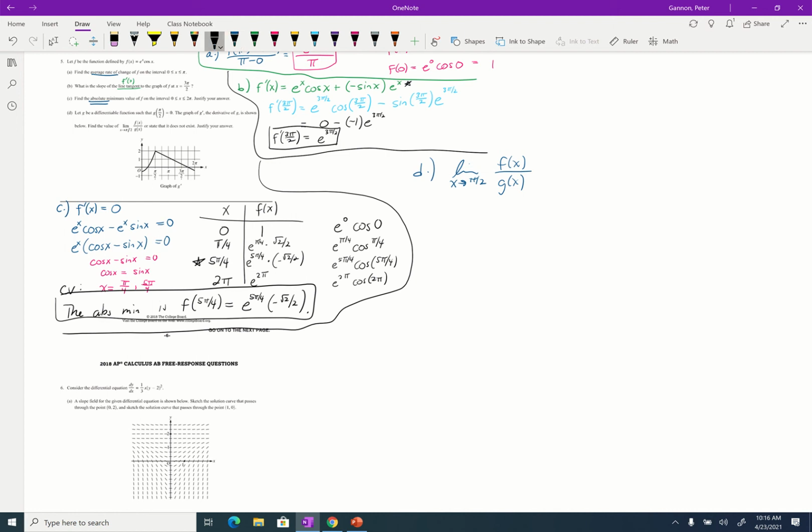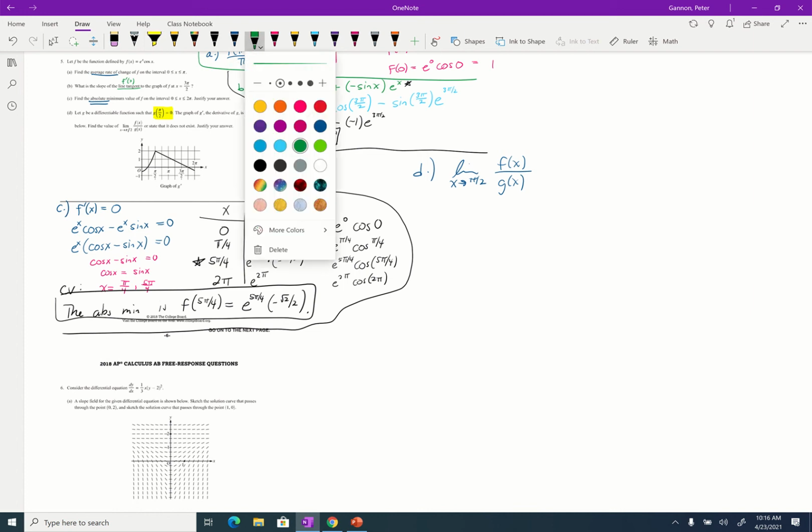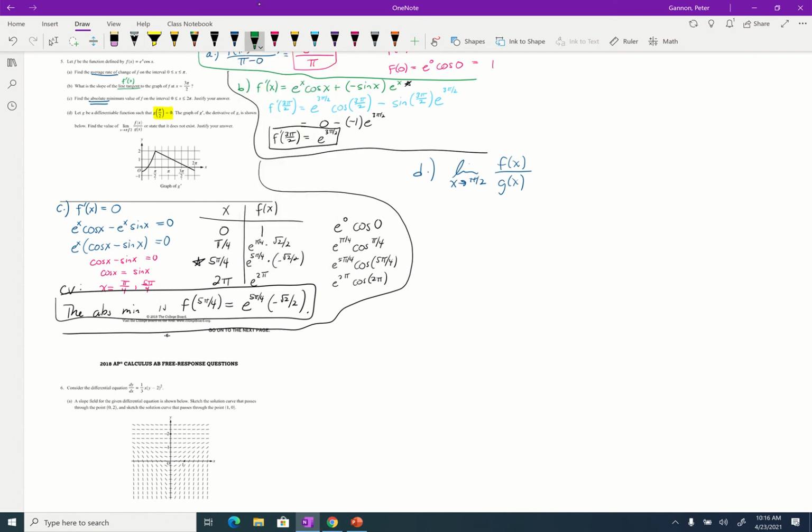All right, so let's see. Limit of a quotient, and then they gave us this piece right here that g of pi over 2 is 0. That's probably giving us a clue about something. So again, what you would do is plug in pi over 2, and we know that g of pi over 2 is 0. Well, let's figure out what f of pi over 2 is.